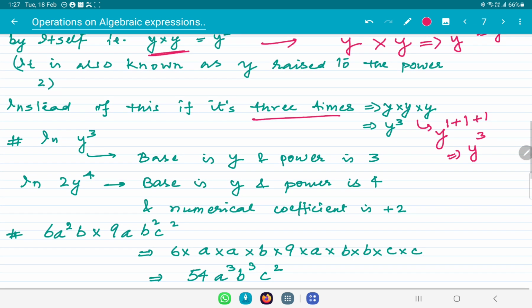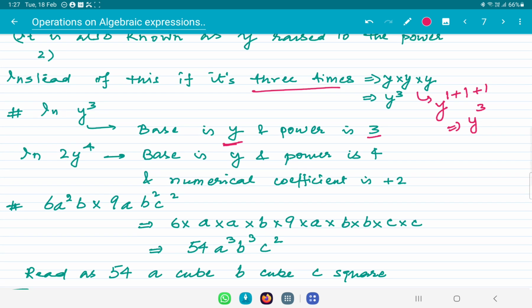If you have y cube, the base is y and the power is 3. It is also known as y cube, or you can say y raised to the power 3. If it is 2y raised to the power 4, the base is y and the power of the variable is 4. So the power is 4 and the base is y.